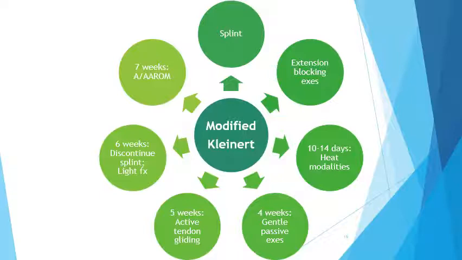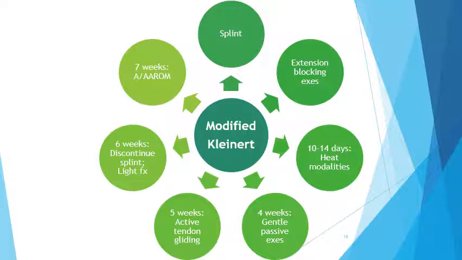From week 3 to 6, the orthosis can be removed for wrist exercises at 4 weeks. And then to begin gentle active flexion. Also remember your passive flexion of the digits, composite, and each individual finger. By 5 weeks, active tendon gliding is commenced.